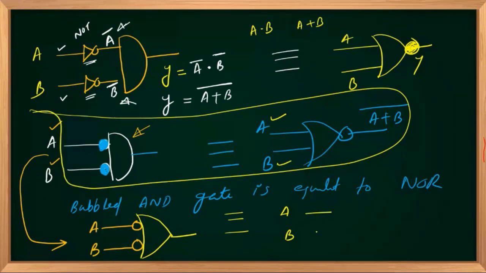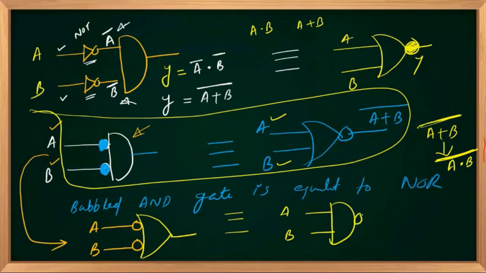What is the dual gate of the NOR gate? NOR gate is A or B the whole complement. To take the dual, OR becomes AND, and we write the complement as such. So A dot B the whole complement. That is the NAND gate. So bubbled AND is equivalent to NOR, and bubbled OR is equivalent to NAND.